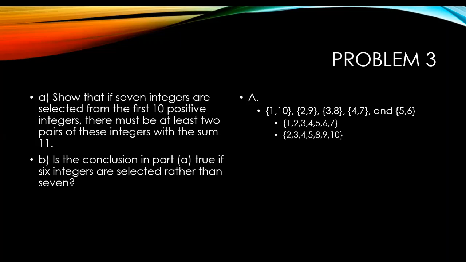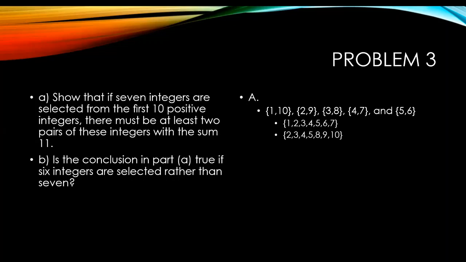So we have two pairs. As you can see, getting 7 integers from the set, if we pair them, there will definitely be a pair that gives us 11.